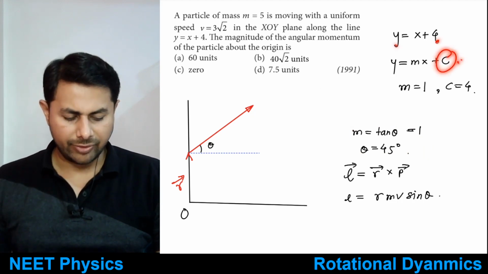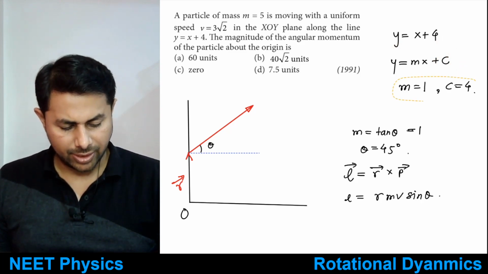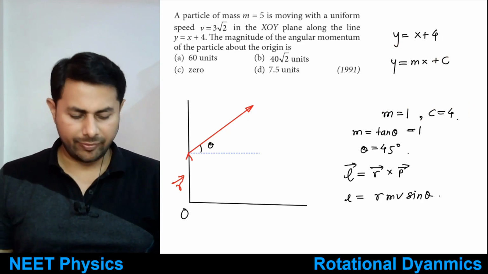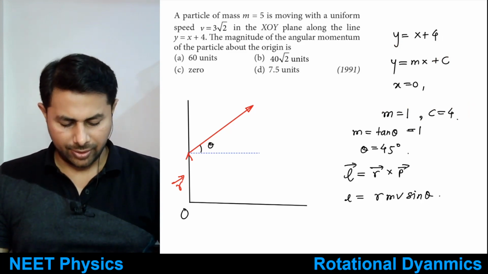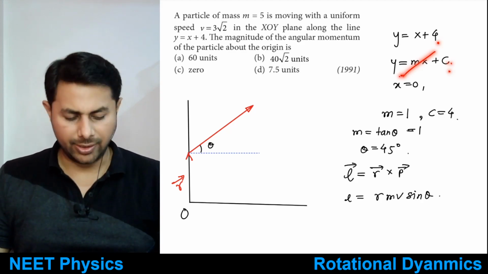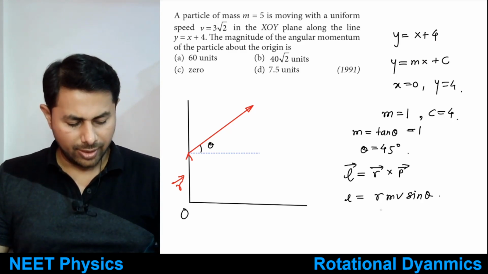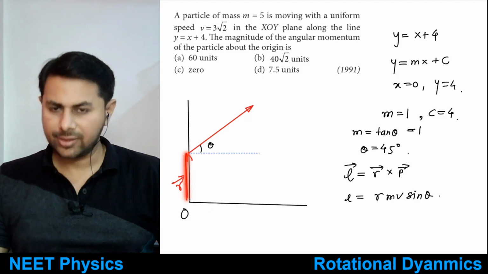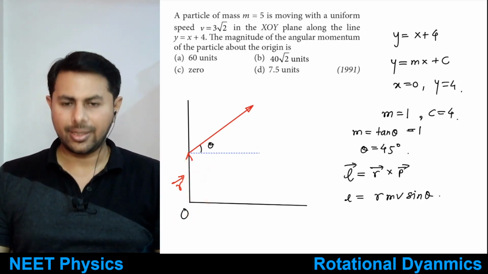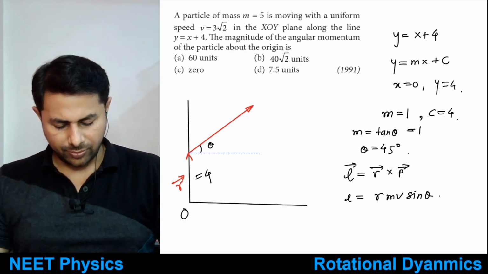It's the value of y when x is equal to 0, and c equals 4. So y is equal to c, which is 4. This r when x is 0 is y, that is equal to 4.